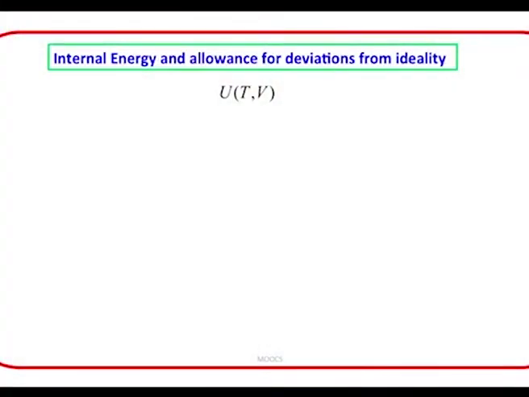Now let us discuss more about allowances for deviations from ideality from the usually derived equations. First, let us take internal energy.